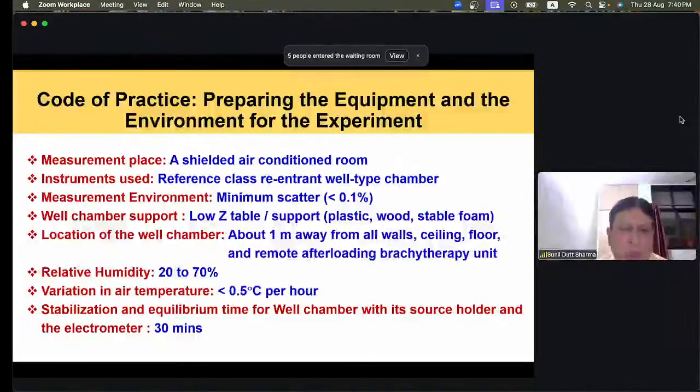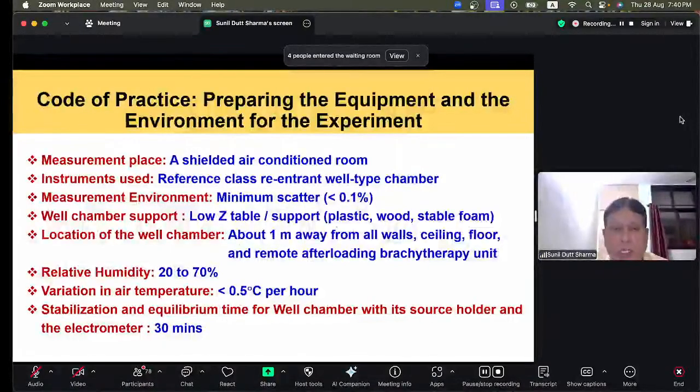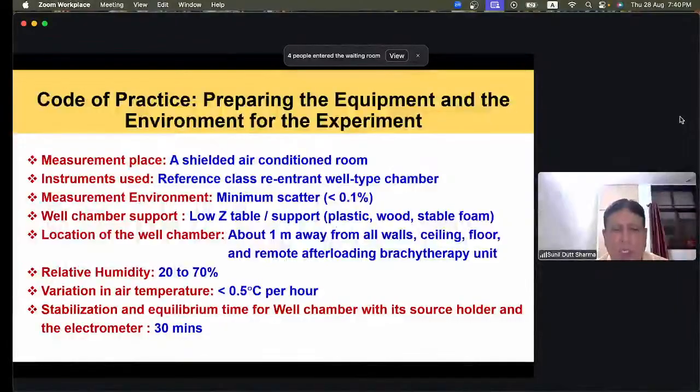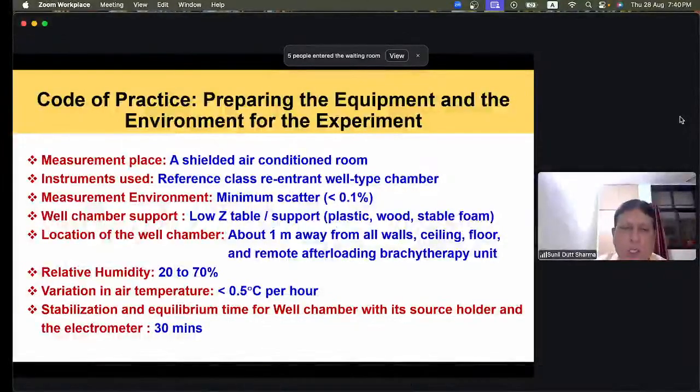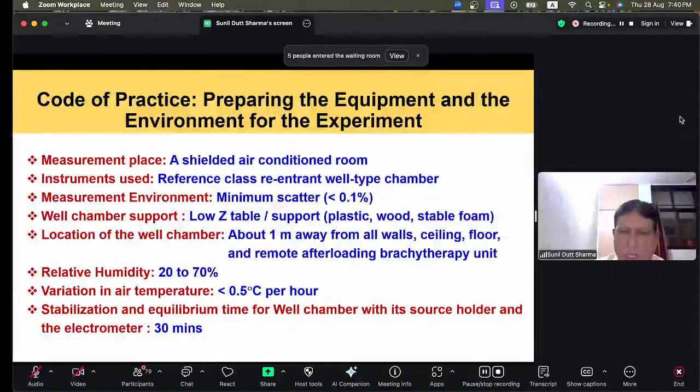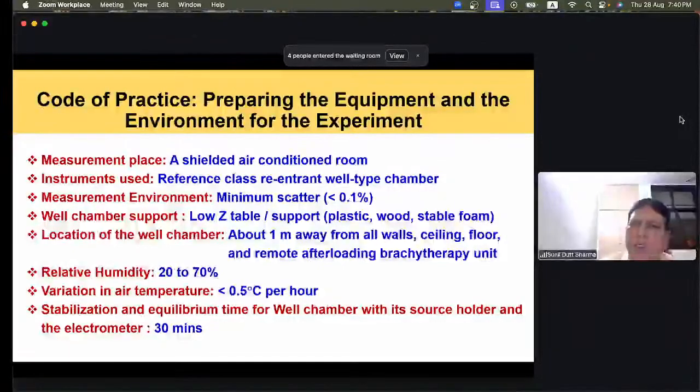A stabilization and equilibrium time for the bell chamber and its source holder is also required, because unless the instrument is fully warmed up, you may not expect a stable reading. For that purpose, it is recommended that you put your bell chamber in the same room where you are going to do the measurement, and put the electrometer at least half an hour before, so that you are taking the reading from a stable condition of the instrument.